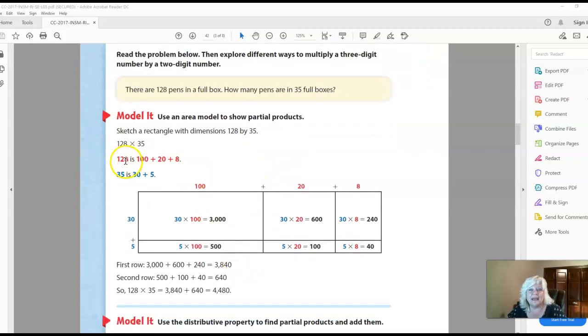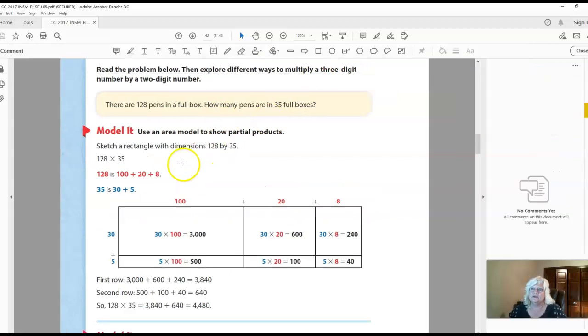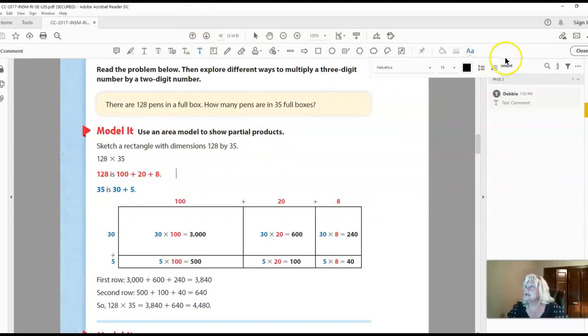So 128 in this red lettering is the same as 100 plus 20 plus 8. There are many ways that we could write this. I'm going to get my comment button. I could change this up here and say 50 plus 50 plus 20 plus 8.